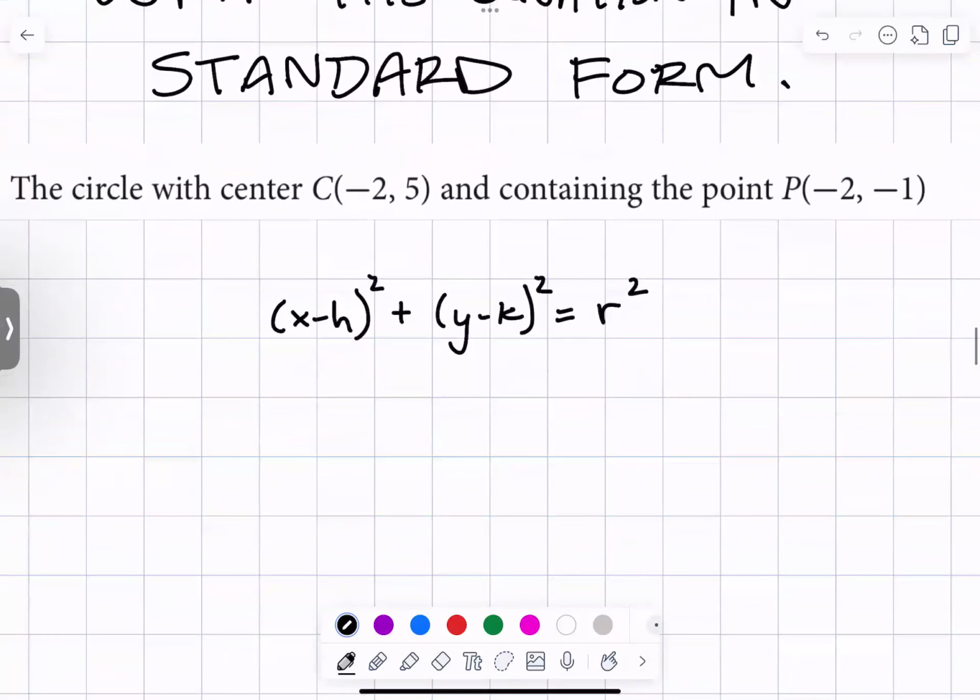If I have my center, remember, it is h comma k, and the point is x comma y. We're not given the radius here, right? And we've got to figure out what the radius is.